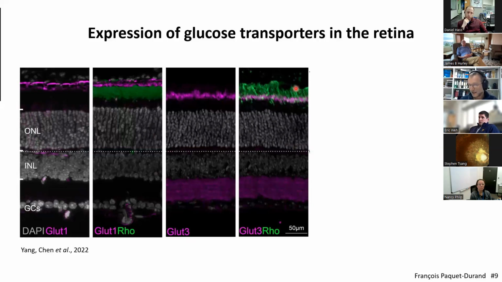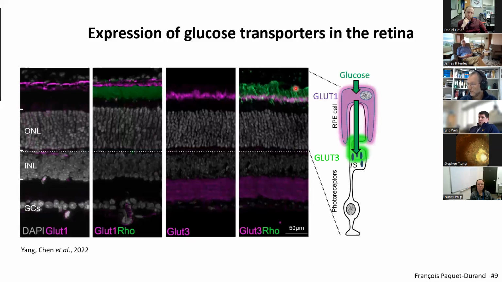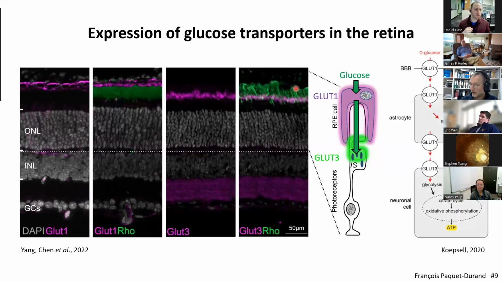So this setup is very interesting, where we have GLUT1 in the RPE cells and GLUT3 in the photoreceptor cell, the photoreceptor inner segment even. This matches the setup that we have in the brain, where we have GLUT1 sitting on the astrocytes, and then GLUT3 sitting on the neurons behind the astrocytes.